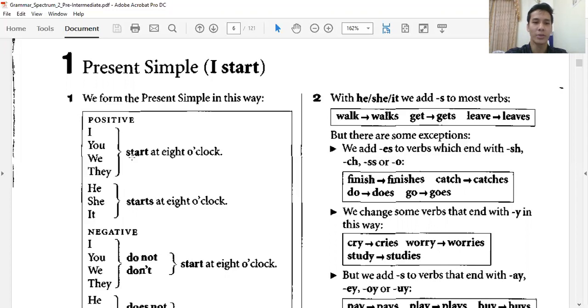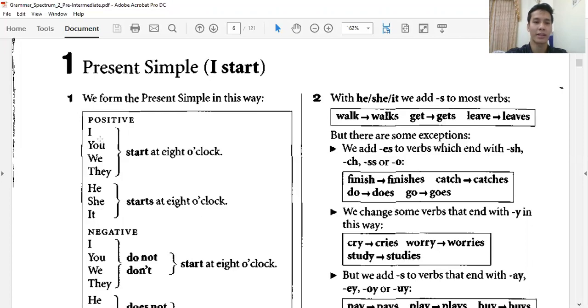So you have to be careful with the verb when you learn the present simple. This verb, start and starts, are different. This one is just normal. They don't add anything on this word. But when we use he, she, and it, we normally add s to most verbs.